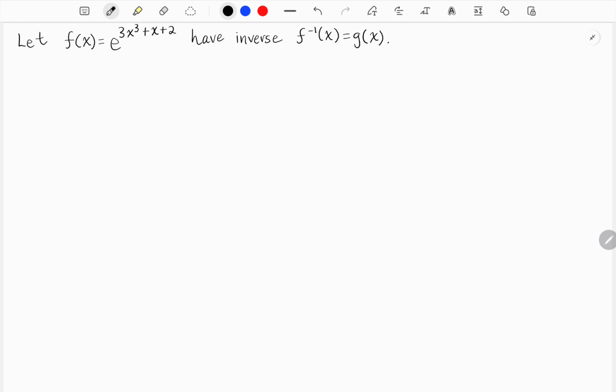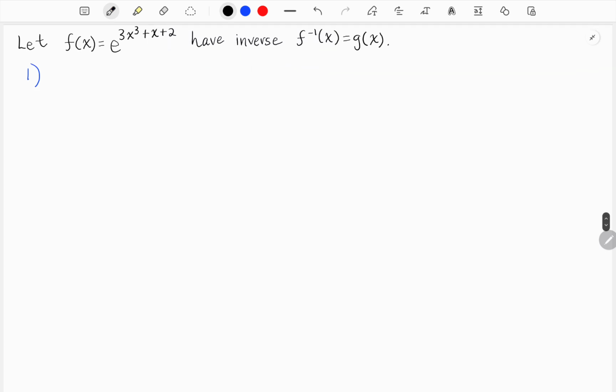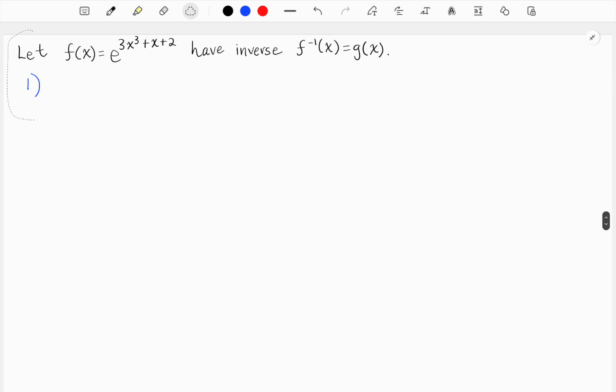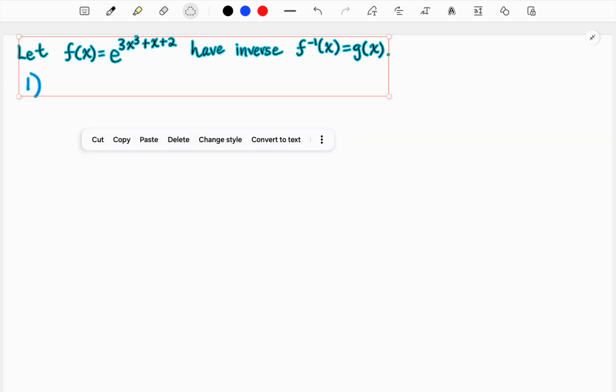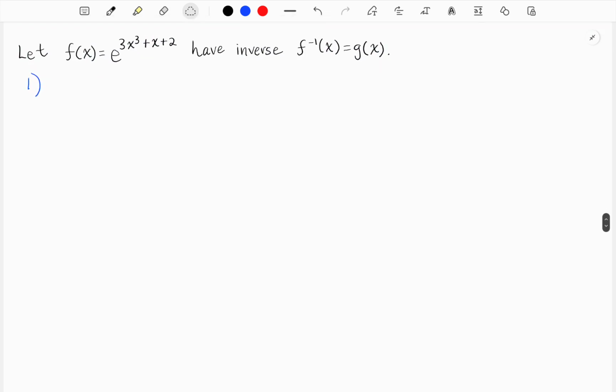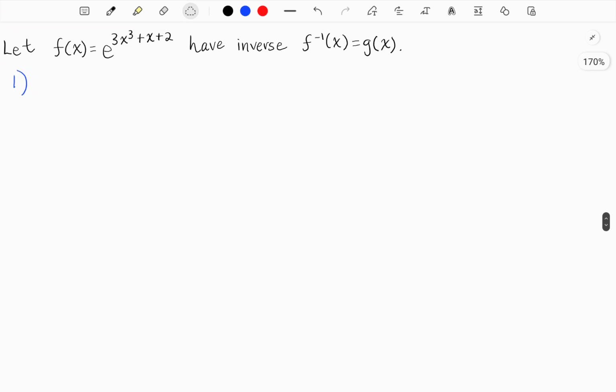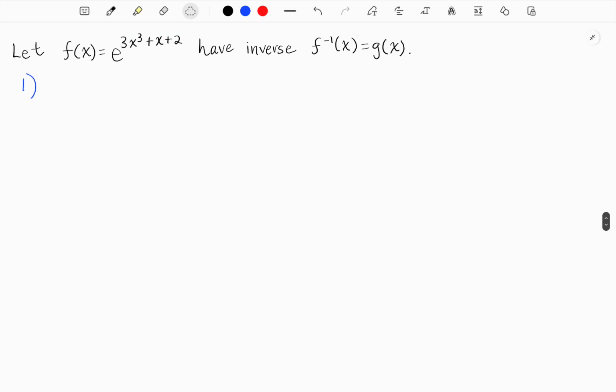Okay, so first let's show that indeed its inverse exists, which means we need to show that f of x is injective, or it passes the horizontal line test. We know that e to the x is injective, right?